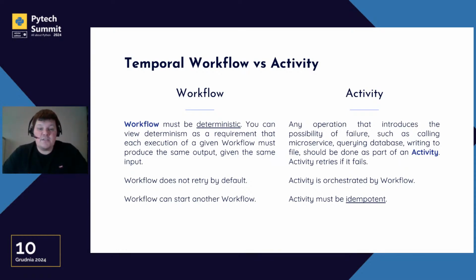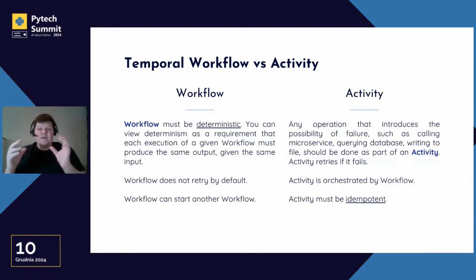And any operations that introduce the possibility of failure, for example, we want to call a microservice. A microservice can be unavailable. We want to query a database. We want to write to a file. All these operations should be done as part of an activity. So an activity is, I can say, non-stable code with the possibility of failure in our workflow.